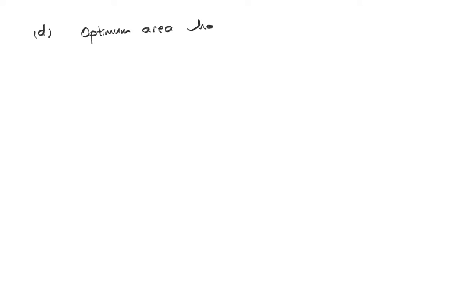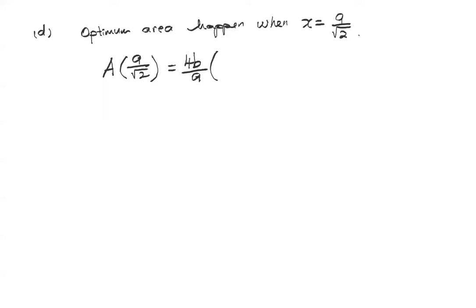happens when x equal to a over root 2, correct? So I sub this value into the area formula. That is, the area formula is 4b over a times x times the square root of a squared minus x squared.